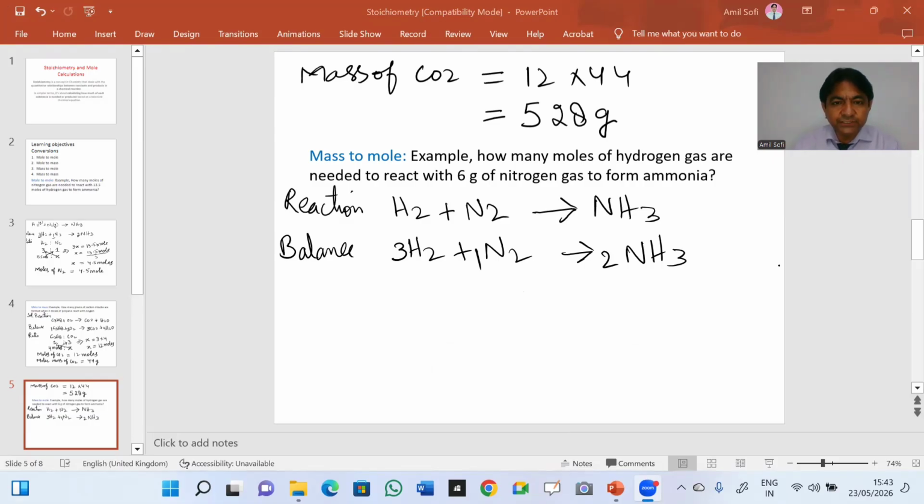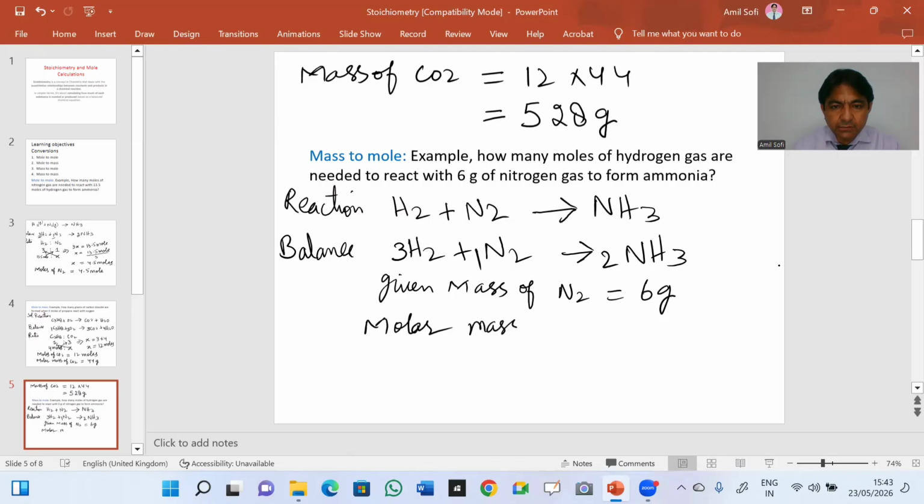So I will write here first, given mass of nitrogen is 6 grams and molar mass of nitrogen is 28 grams per mole. Okay.